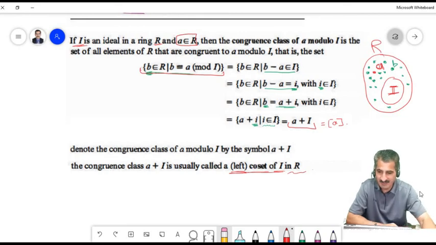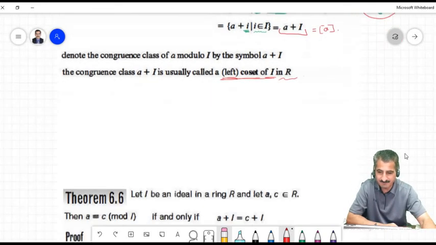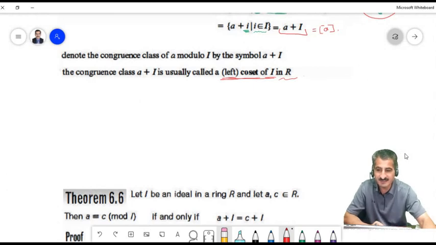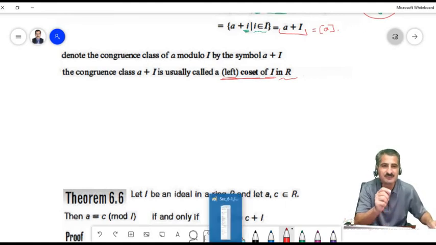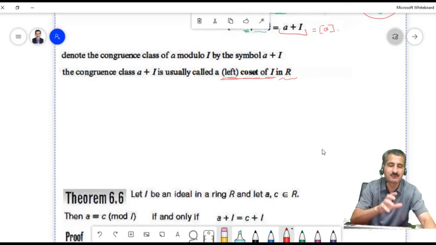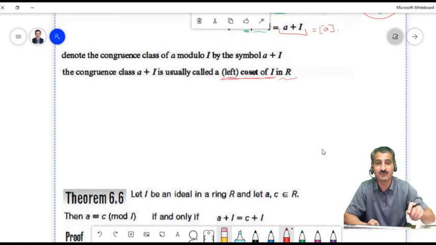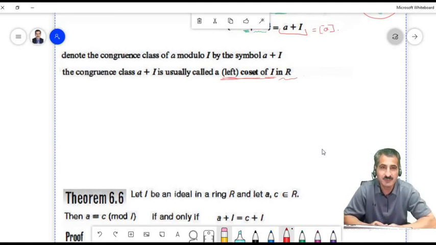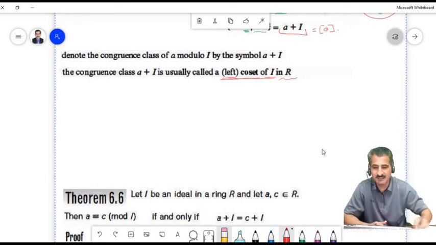Then we will use left cosets to make quotient rings. Same thing as when we used left cosets for normal subgroups: we started with a normal subgroup, made left cosets, and then formed quotient groups. We will do the same thing now with left cosets of ideals.